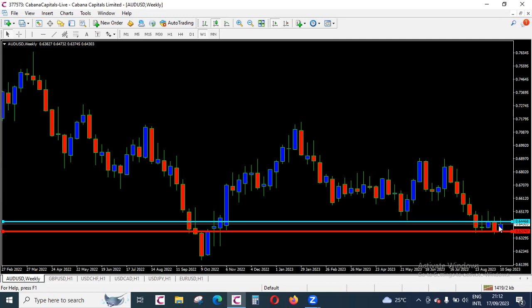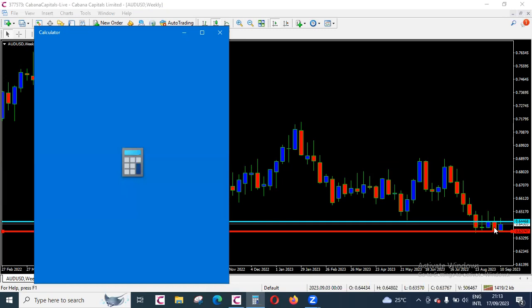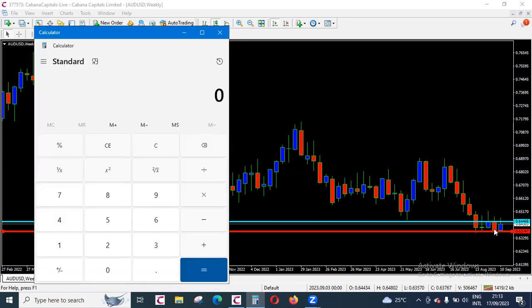So what I want to do now is get the pivots of the previous week candle. So I'm going to add up the high-low close price of this candle, then divide it by 3, okay?